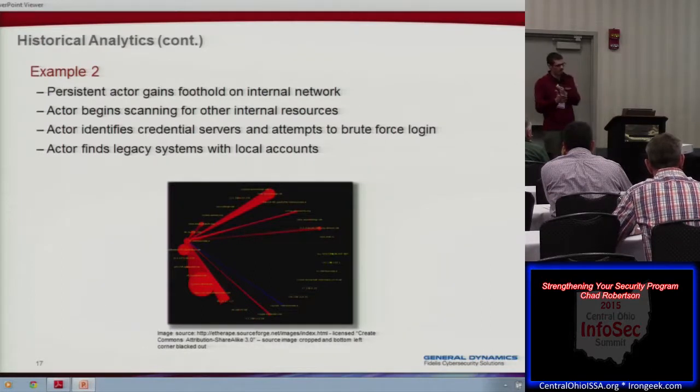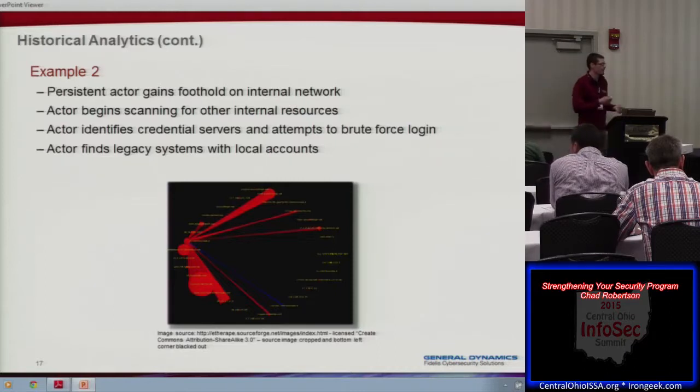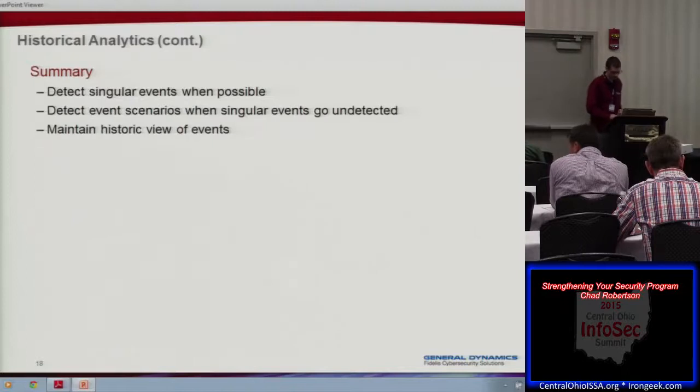If you have a historical record of these things having happened, then you can search on them the day you find out, present day, and detect back 15 days ago when it happened. So in summary, historical analytics detect singular events when possible, detect event scenarios when singular events go undetected, and maintain historic view of events.